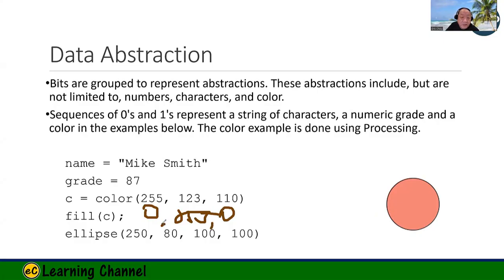Is that okay? Yeah. And you don't need to remember 0, 255, 0. You just need to remember it's a green color. That's called data abstraction. Blue is 0, 0, 255. Red is 255, 0, 0. Those are different abstractions for colors.